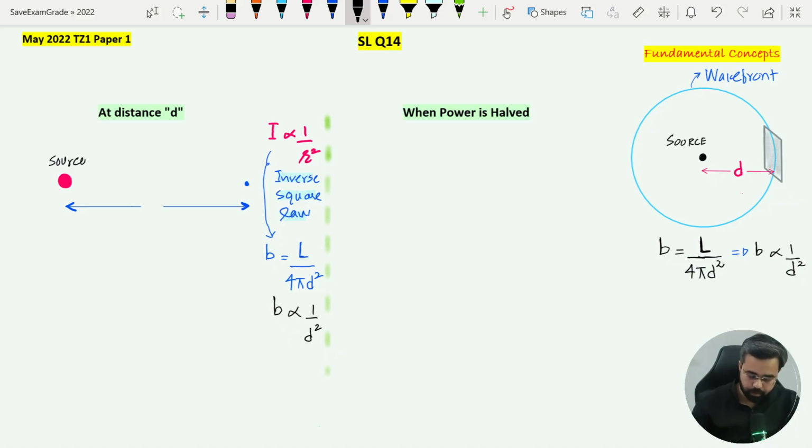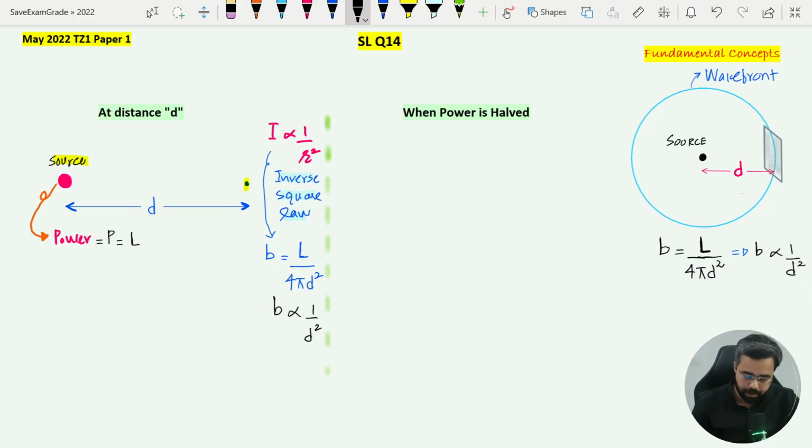We are assuming that this is the source of the wave and this is the observer where we are measuring the intensity. So this is the distance d, whereas the power of this source, in other words the amount of energy that this source is producing in every second or per unit time, is P, which is equivalent to the luminosity L in our new IB syllabus.